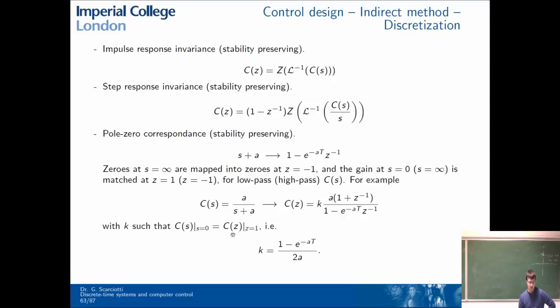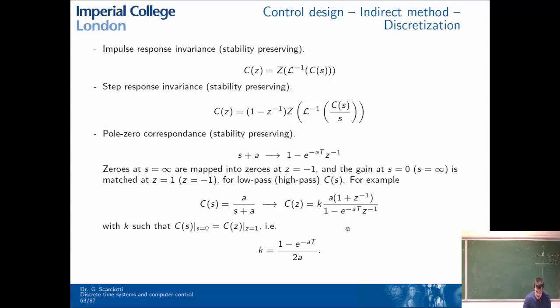This is equal to C of Z, so this expression here, when Z is equal to 1. If we replace Z equal to 1, we obtain K, A, times 1 plus 1, so it's 2, divided by 1 minus e power minus aT. Now, this expression has to be equal to 1. We solve with respect to K, and we obtain this expression here. And we obtain our discrete time controller.